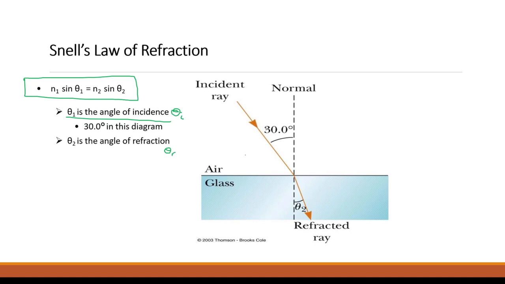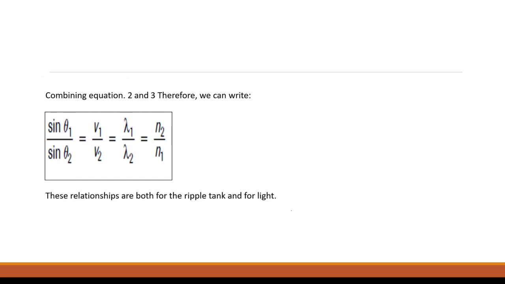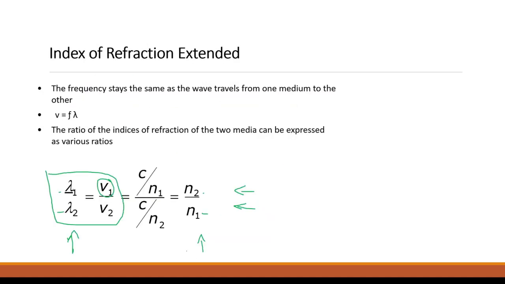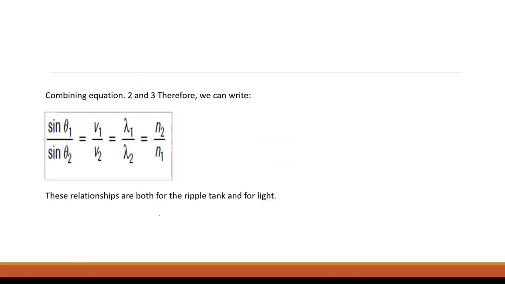Here's an example from a medium of air into glass, the refraction that takes place. Since we had all those ratios, and we had speed as well, we can throw that into the mix and put it into our equality.